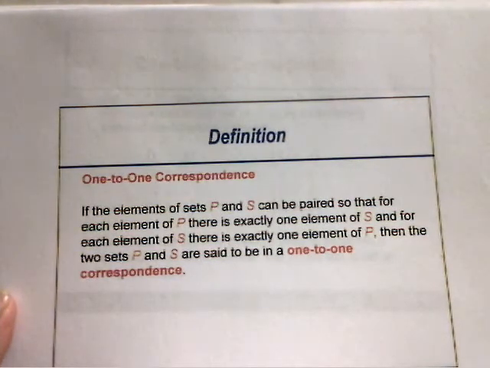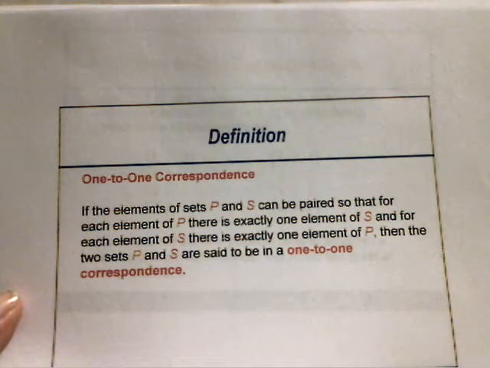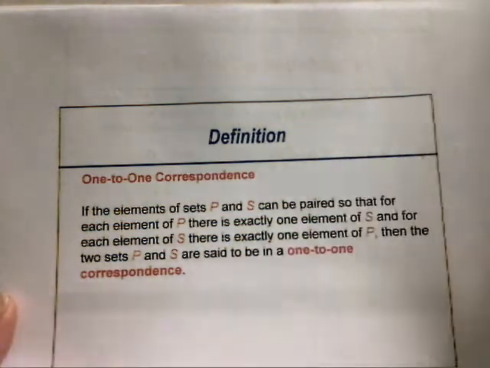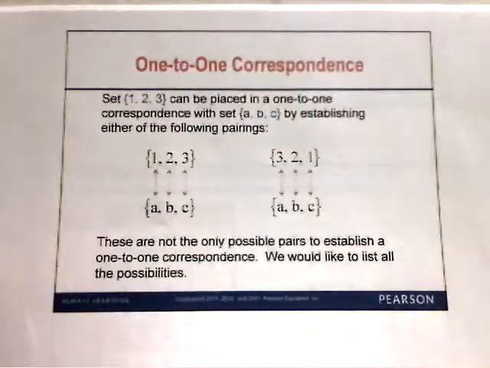That's the definition of one-to-one correspondence. Each and every element of one set has to be paired with the other.